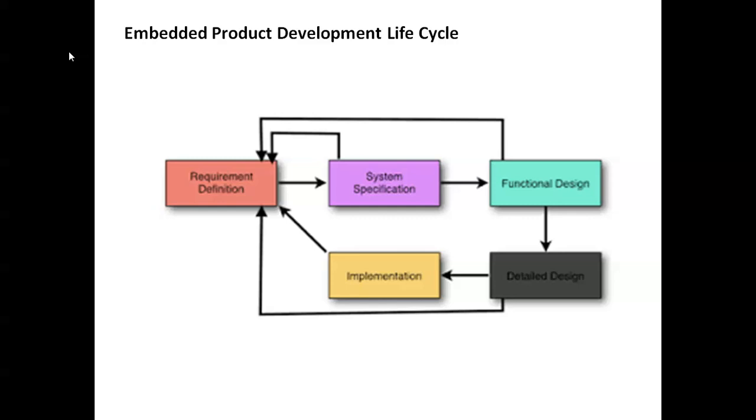And system specification: what are the components and software needed for completing a particular task or application, or developing the system? And finally, the functional design is made as a brief intro of the project.